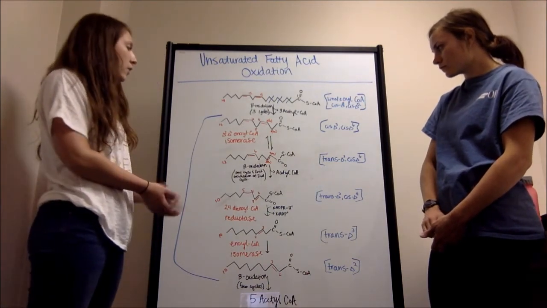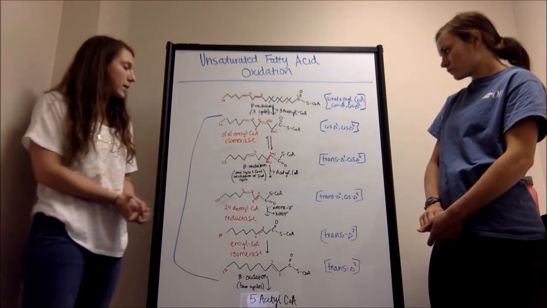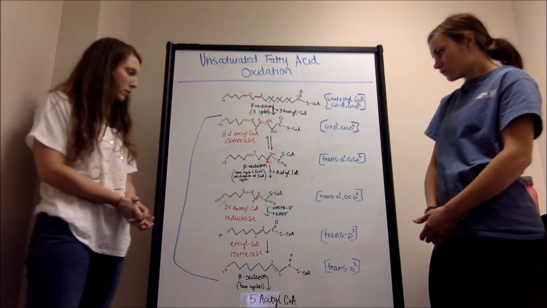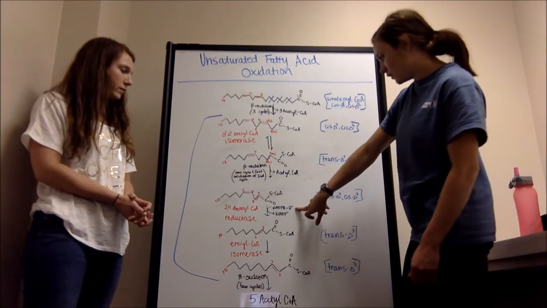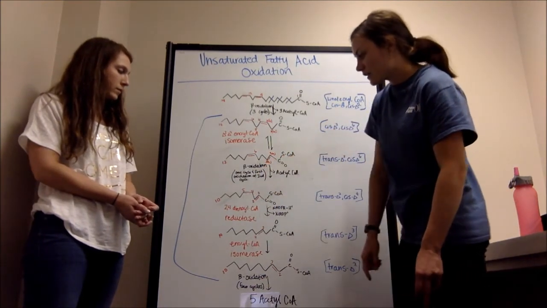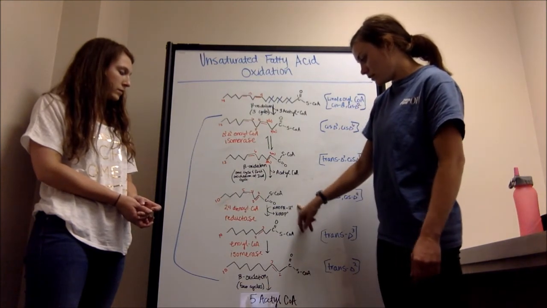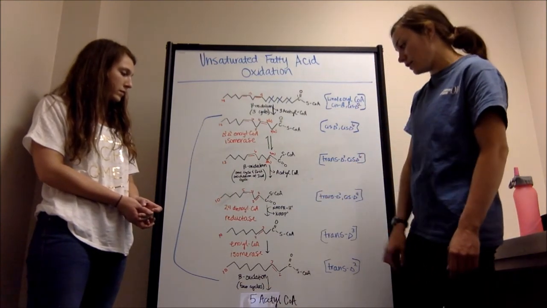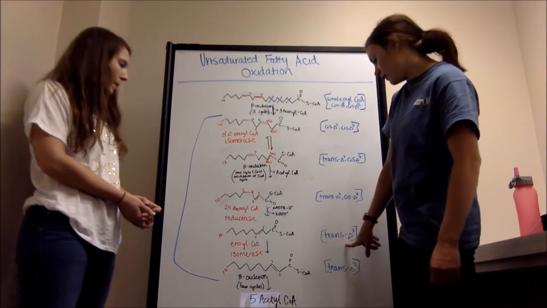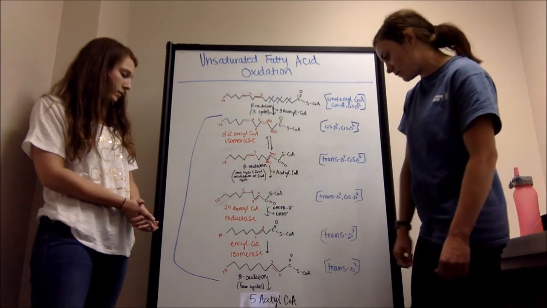And now it can go through one round of beta oxidation right here. This releases acetyl-CoA and leaves us with a 10 carbon molecule. From here, we've got the trans double bond on carbon 2 and a cis double bond on carbon 4. That's going to react with dienoyl-CoA reductase and NADPH and release NADP+, leaving us with this 10 carbon molecule with only the trans double bond on carbon 3.